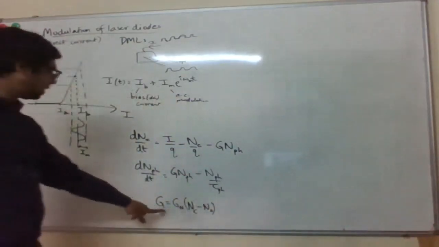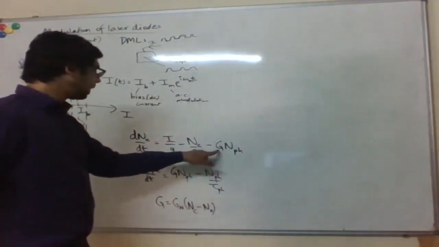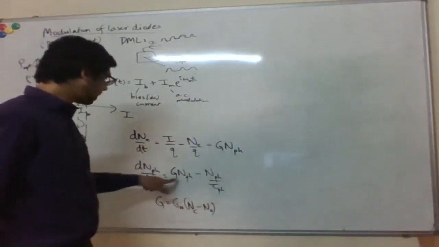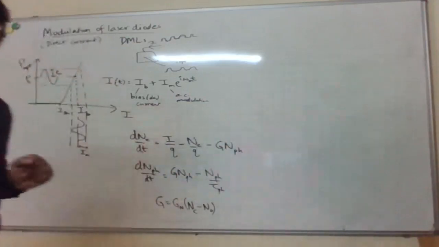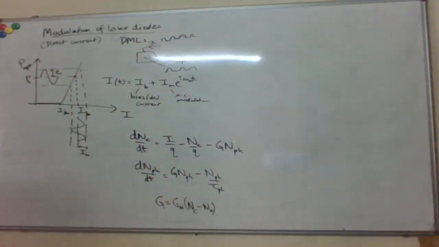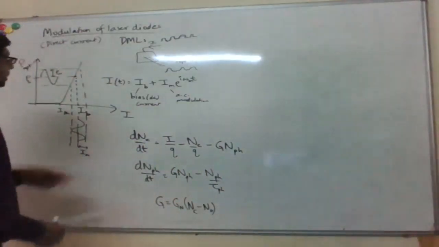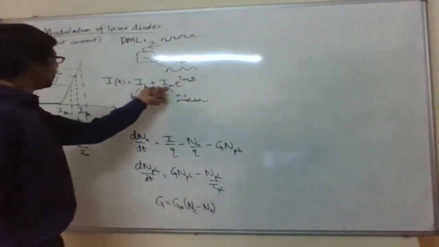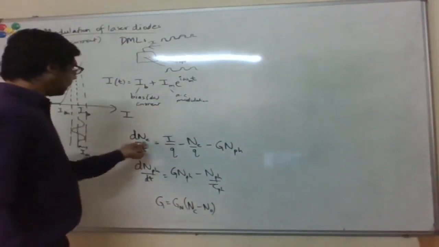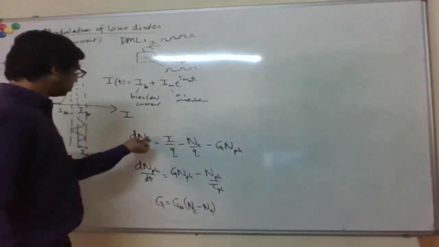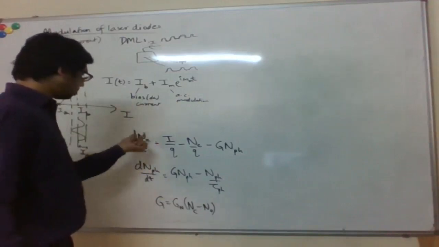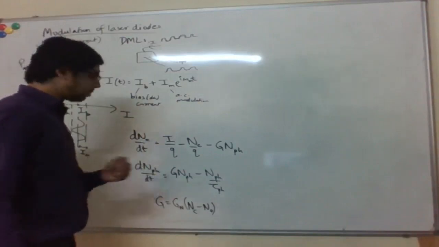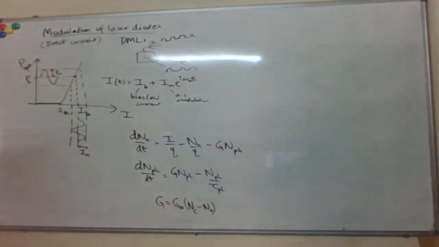If you put this G here, you can see there's a term NC times N photon here, and similarly a term NC times N photon there. So there's a coupling between the carriers and photons. In response to this time varying current, there will be a time varying carrier concentration, or number of carriers in the active region, and also a time varying photon number.